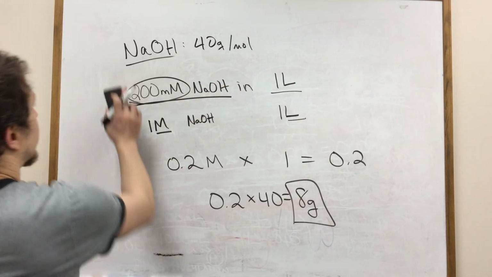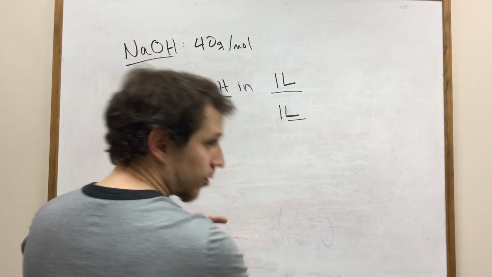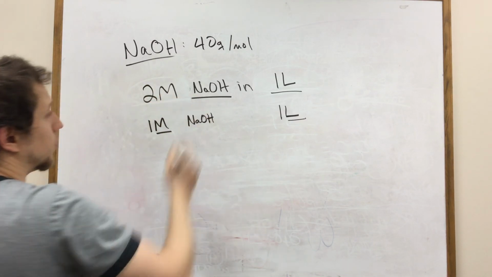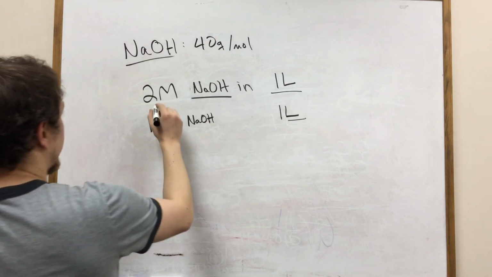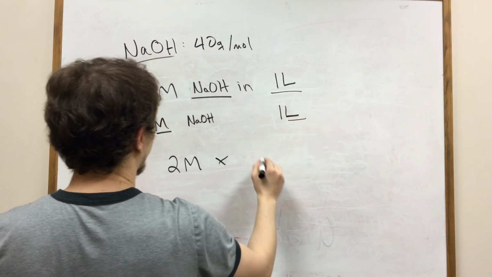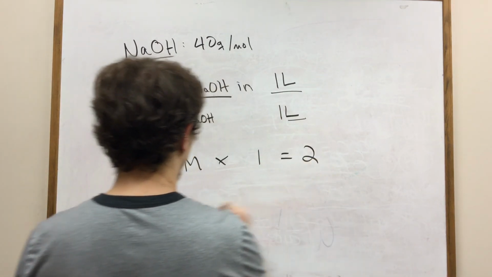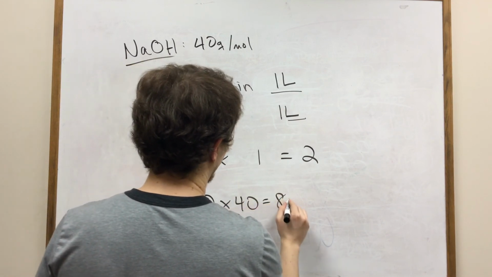Now let's see what happens if instead of this, I increase the amount. Let's make sure it works every single way. So let's say instead I want a 2 molar solution of sodium hydroxide in 1 liter. Okay, so that's going to now be 2 over 1, which is 2, times 1 over 1, which is 1, and that equals 2. 2 times 40 is going to equal 80 grams.